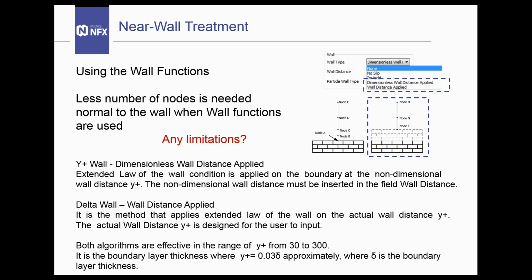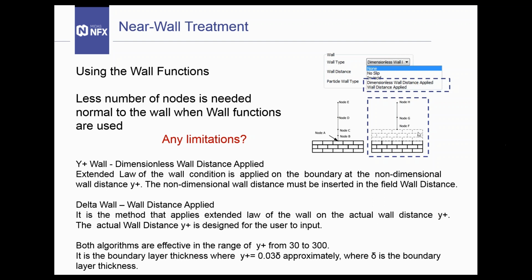Because we use this empirical formulation, we are saving computational resources. This is one of the advantages of the wall function approach. If we consider the gradient of the shear layers close to the walls, all of them can be modeled with relatively coarse meshes.